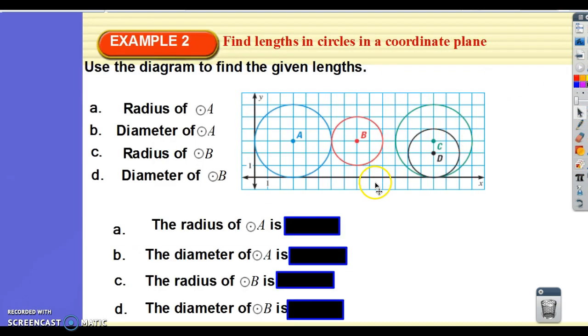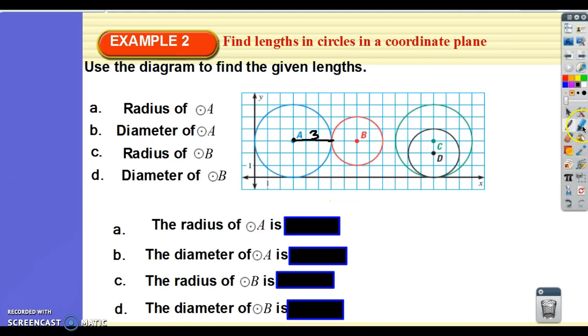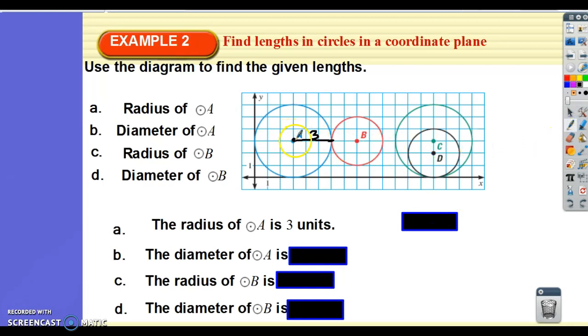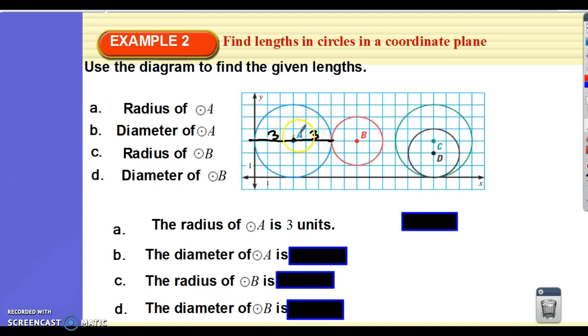Use the diagram to give the following lengths. The radius of circle A, from the center of the circle to a point on the circle. My radius here is 1, 2, 3 units. The diameter of circle A. If the radius is 3, then the other radius is also 3, therefore the entire diameter is 6.